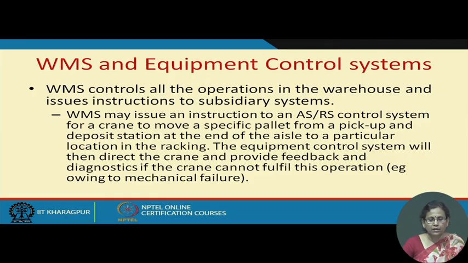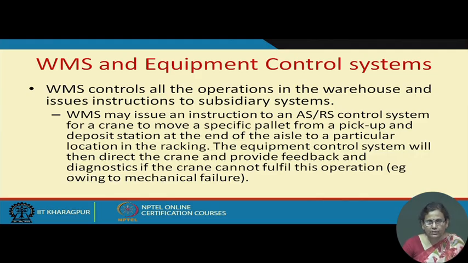This is one example. This WMS may issue an instruction order to a control system for a crane to move a specific pallet from a pick and deposit station at the end of the aisle to a particular location in the racking. The equipment control system will then direct the crane and provide feedback and diagnostics if the crane cannot fulfill its operation.